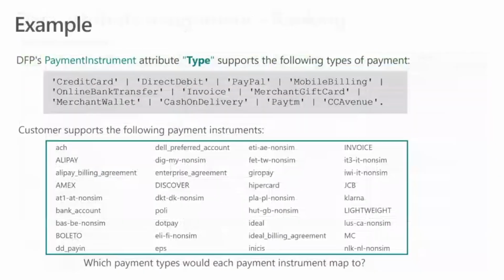I will give you an example. This is an example of mapping a customer's payment methods. In this case, as part of the integration work, we need to map those payment methods to the type attribute fraud protection supports.